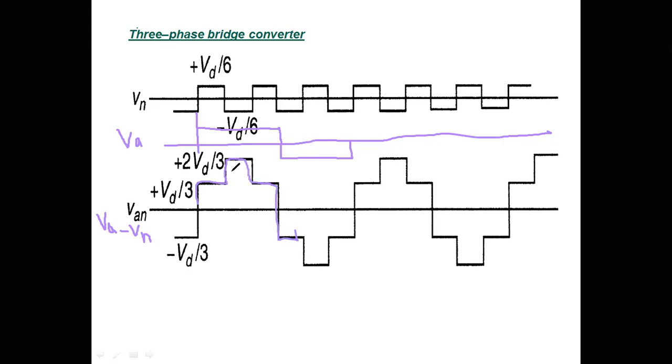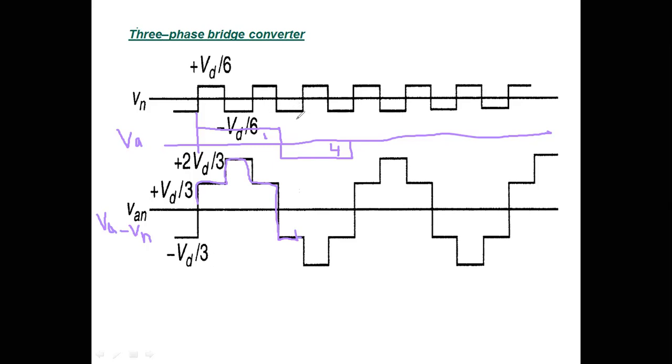So this is when 1 is conducting, here when 4 is conducting. Okay, when 4 is conducting, you will get minus Vd by 2, here minus Vd by 2, minus Vd by 6. Both are minus, so minus Vd by 2 minus of minus Vd by 6.